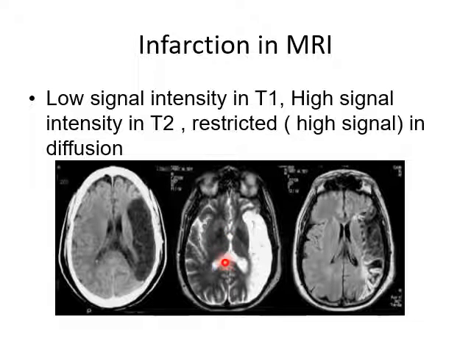So infarction appears hypo-intense in T1 and hyper-intense in T2. And we have something called restricted diffusion in the diffusion film. It means there is cessation of movement of water particles or blood in this area.